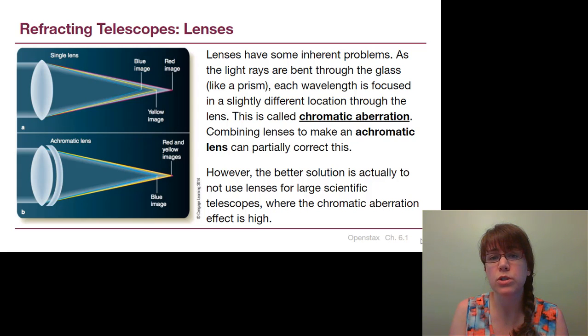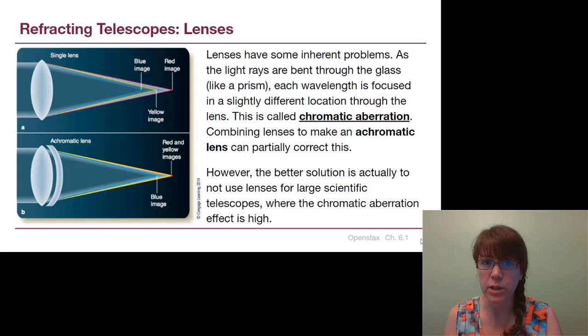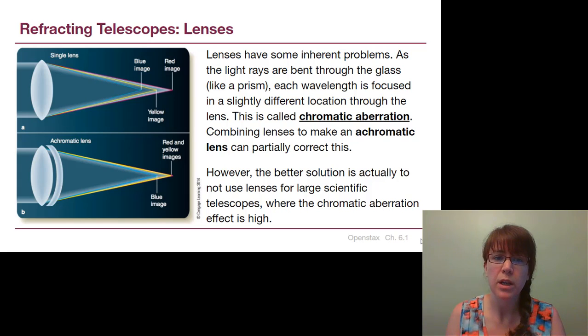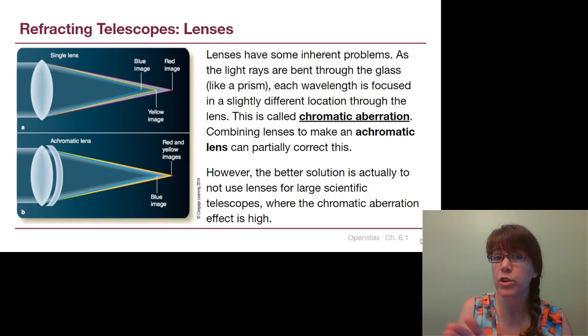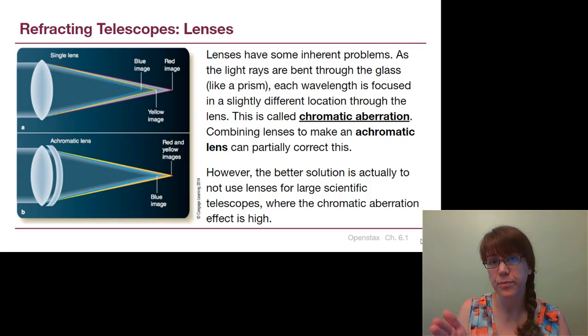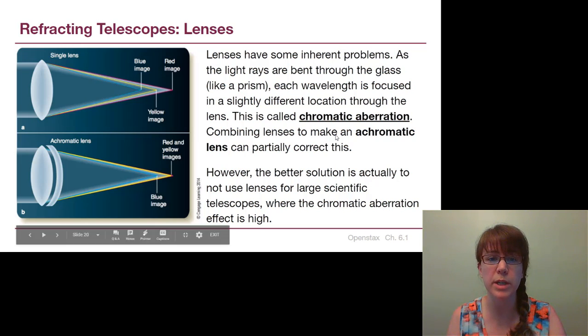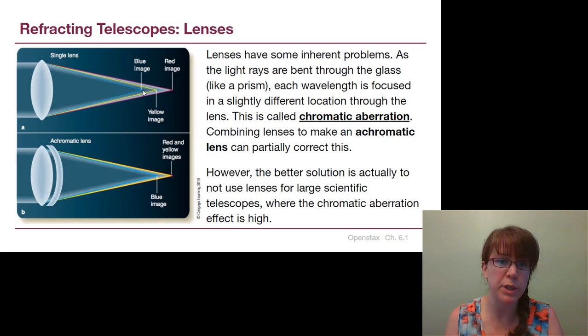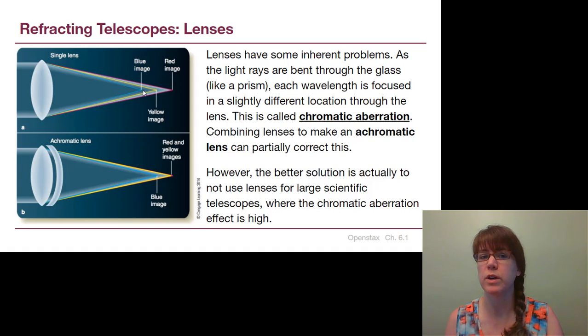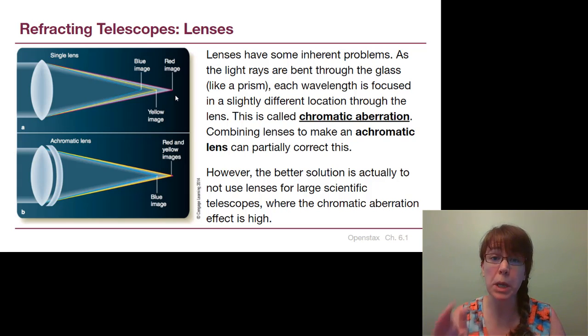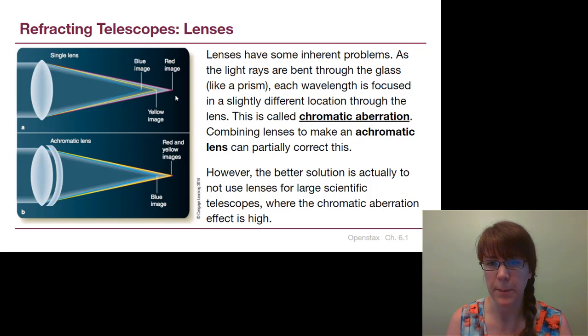And if you want to have a clear picture that isn't blurry, you'll have to choose where you want to put the detector, because if you, on this image, put it over where this blue light comes to a point, the blue parts of your image will be in focus, but the red and yellow will be fuzzy. Or if you put it over where the red light comes to a point, the red parts of your image will be crisp, where the blue and the yellow will be fuzzy.